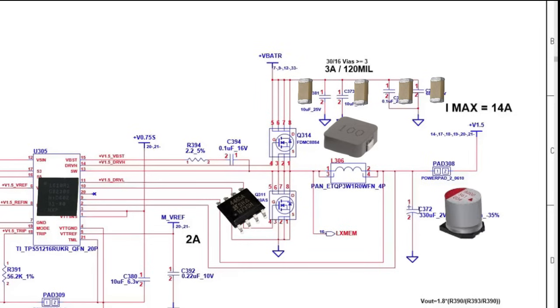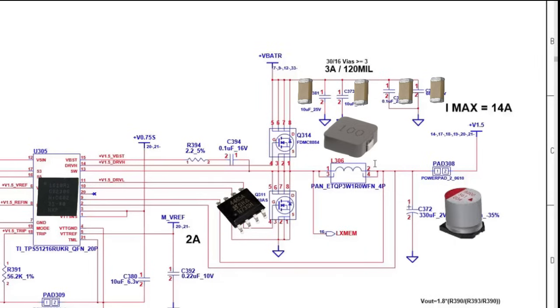It could be a ceramic capacitor, it could be this MOSFET, it could be the IC. So when you remove the MOSFET and the inductor is still shorted to the ground, go ahead and remove this inductor. In this case, the short will be either on this side or on this side.